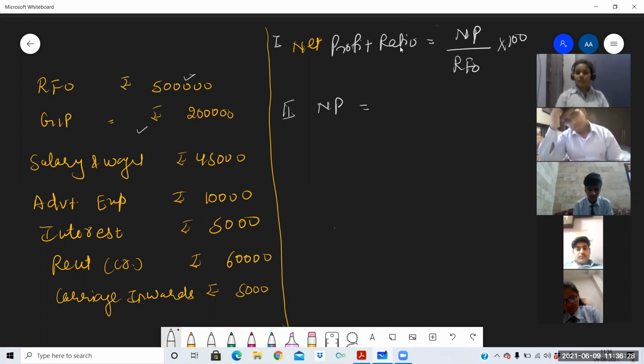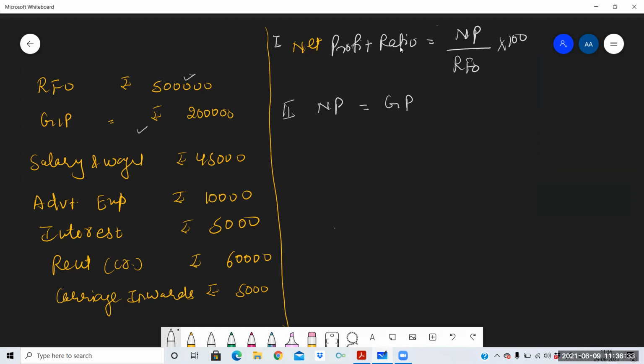Yes, second step, find out net profit. First variable. So the formula for net profit is gross profit, as gross profit is given in the question, gross profit minus indirect expenses plus other income. So gross profit is given to you, which is 2 lakh, minus indirect expenses. So what are the indirect expenses here?